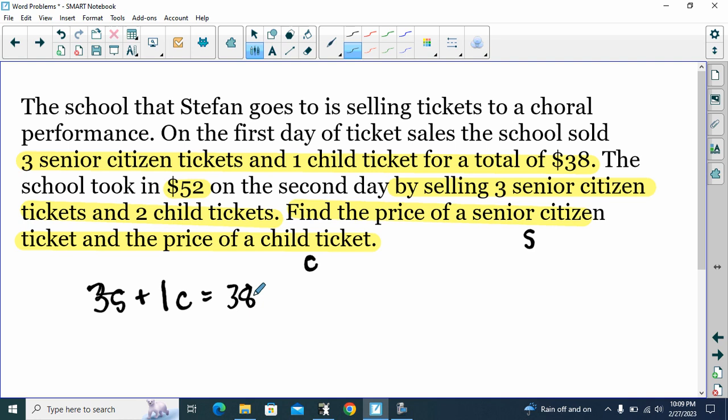There is one of our equations. Hopefully you can come up with the other equation. It is 3S plus 2 child tickets equals $52.